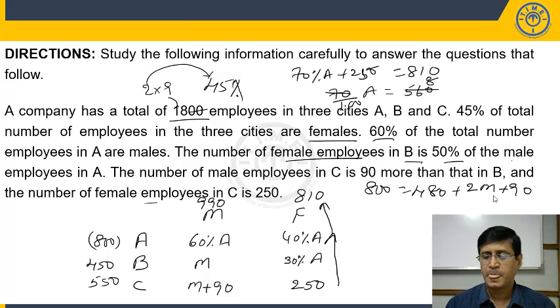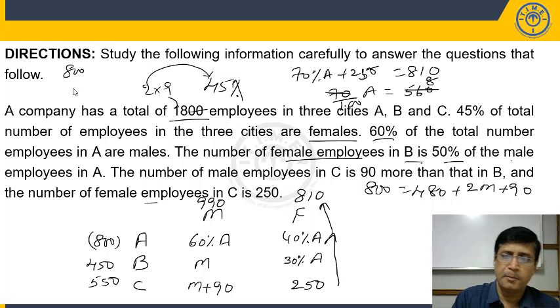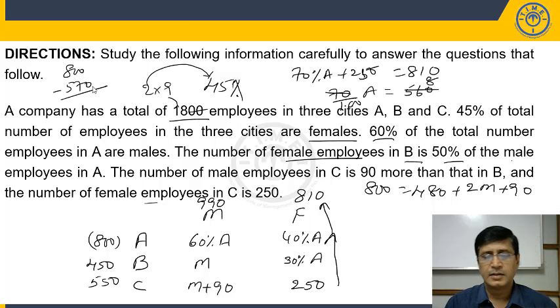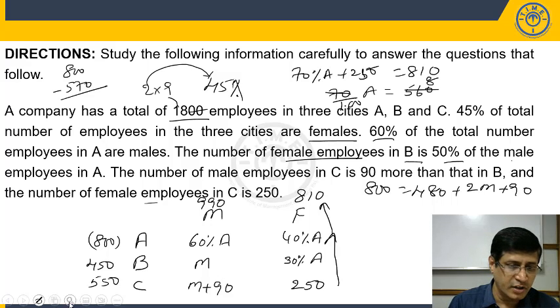Solving this: 480 plus 90 plus 480 is 570... Sorry, not 800, this is 990. Extremely sorry, a small correction. 990 is the total number.